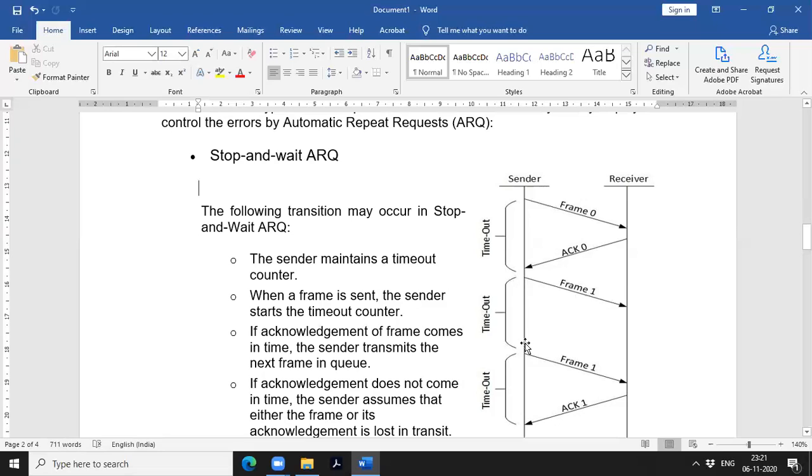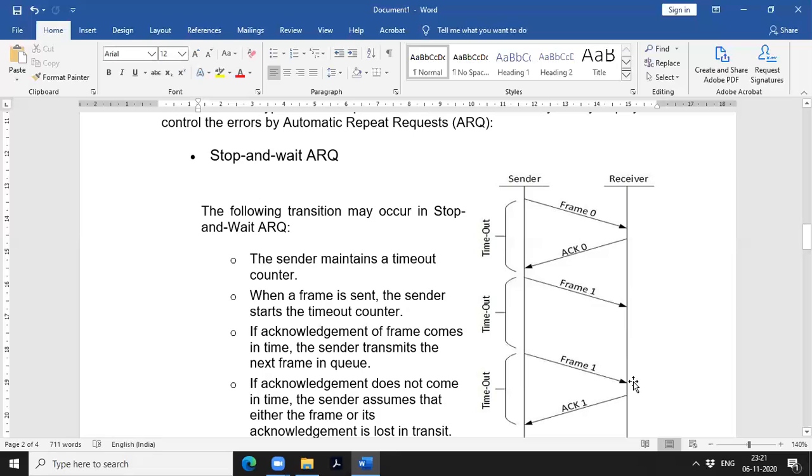See the waiting time, the waiting time is over. The sender will assume that the particular frame 1 has had an error or may have been corrupted during transmission, so it has to be retransmitted. Therefore frame 1 will be retransmitted from the sender side.